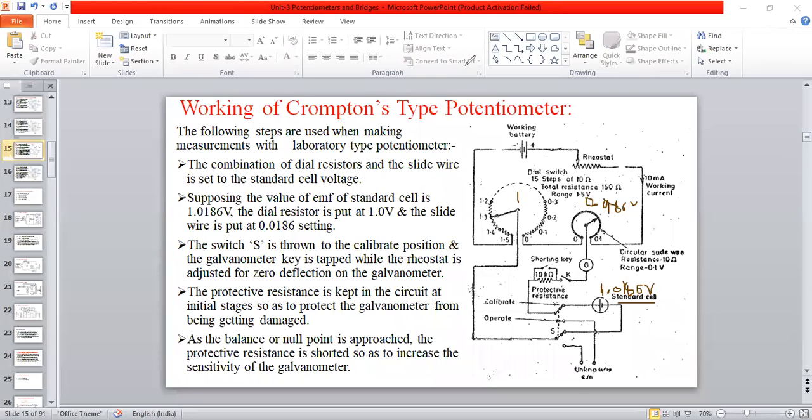The standard cell voltage is the same only, right?